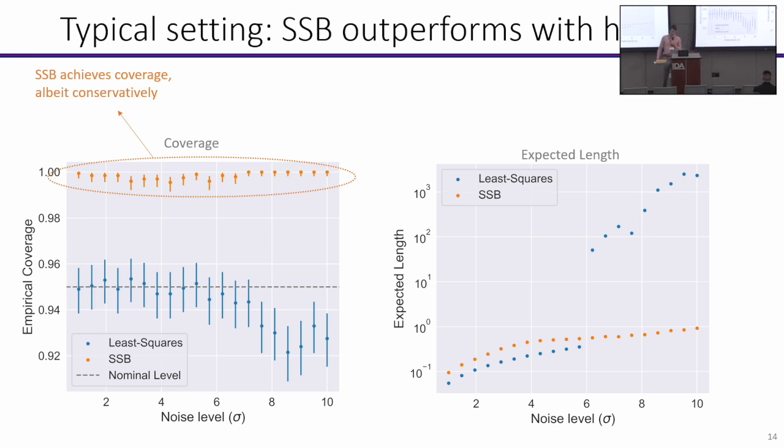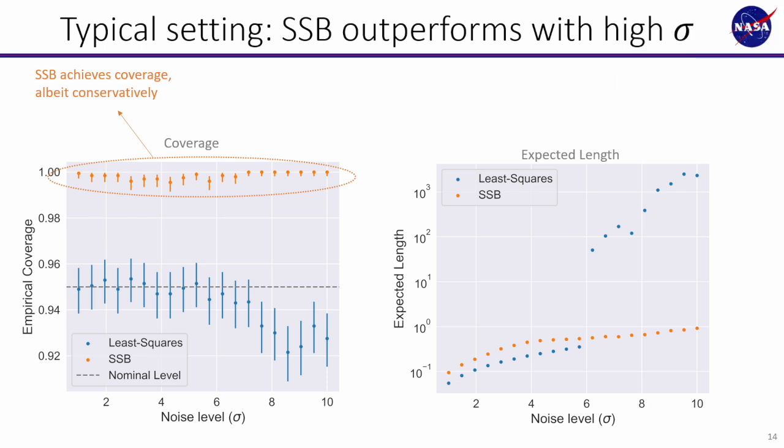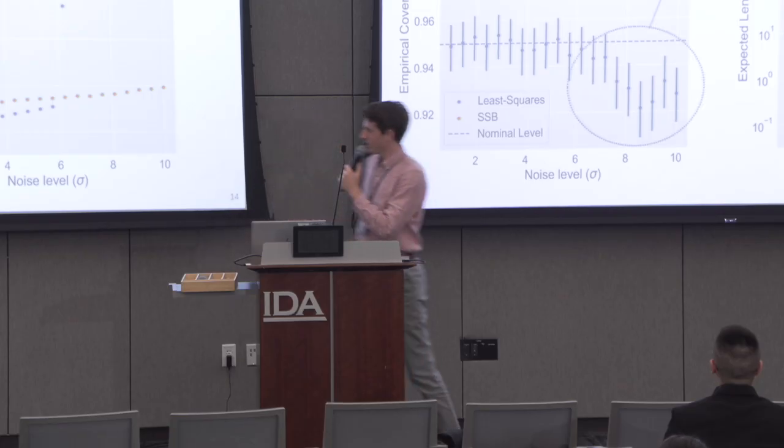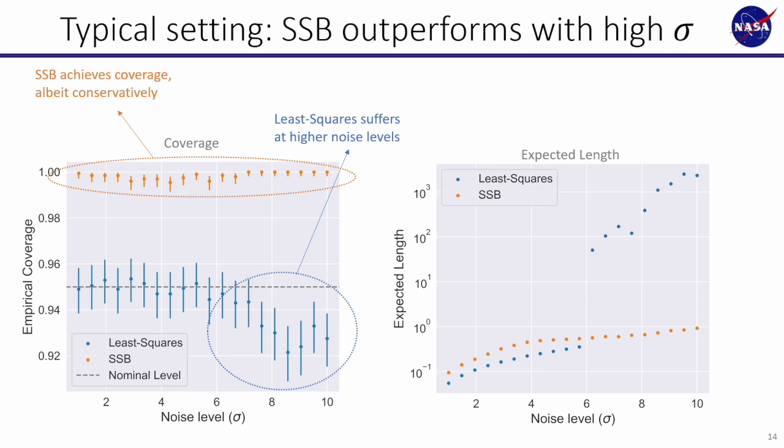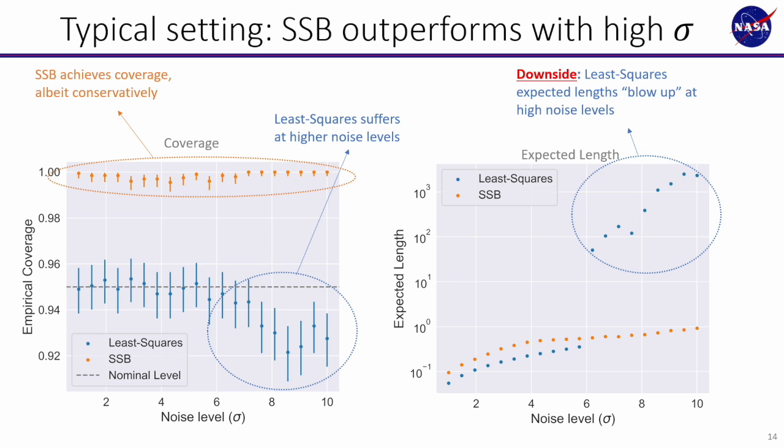Now you might be saying, well, but it overcovers. We're looking at 95% intervals here, and on the left you can see that our intervals are basically nearly always covering across all noise levels. Interestingly, though, the least squares intervals start to underperform in terms of coverage at the higher noise levels, which can maybe be explained by the fact that they start to blow up in terms of expected length at higher noise levels.